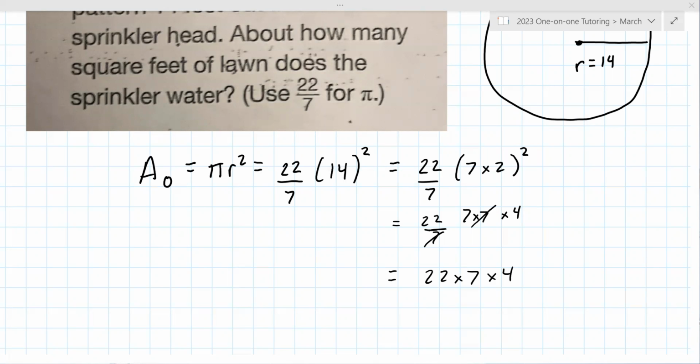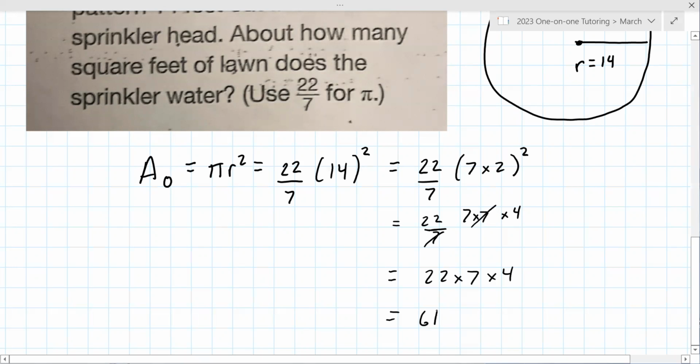Okay. 7 times 4 is 28, 22 times 28 is 616. And what are the units of that? Feet squared. Yes.